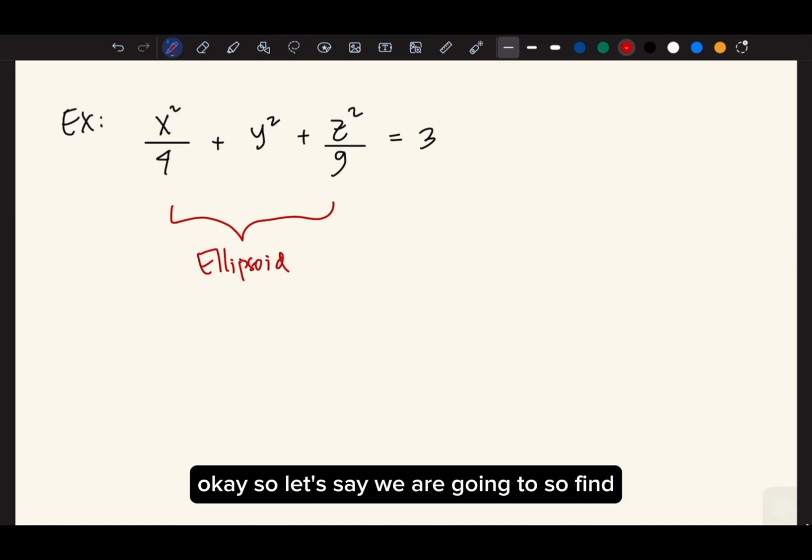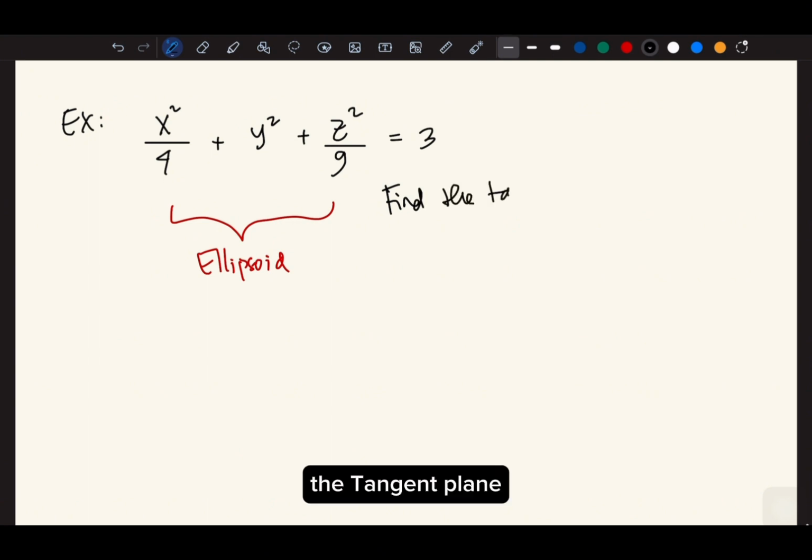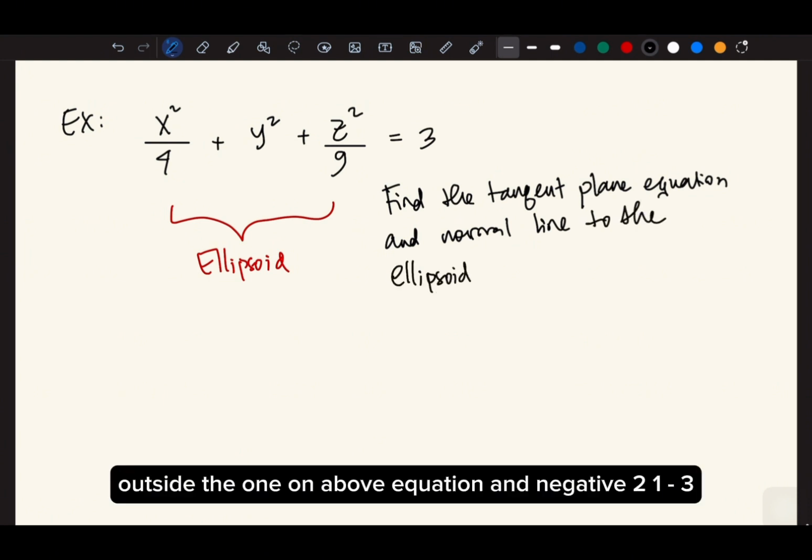Okay, so let's say we are going to find the tangent plane equation and normal line to the ellipsoid, the one in the equation above, at (-2, 1, -3).